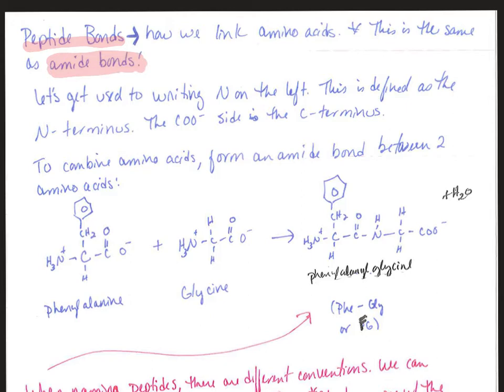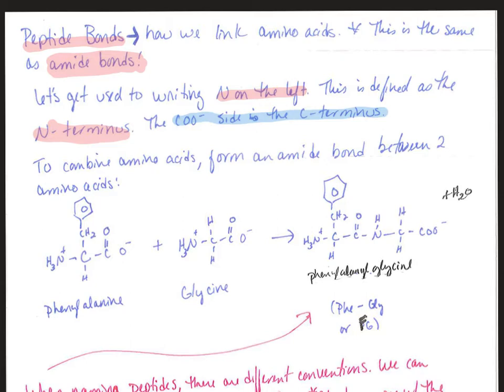So we need to make sure that we're writing the nitrogen side on the left, and that's defined as the N terminus. On the other hand, the COO is the C terminus, and that's going to be on the right.